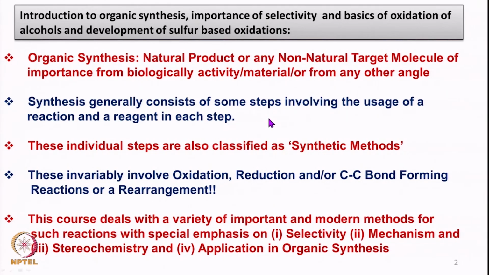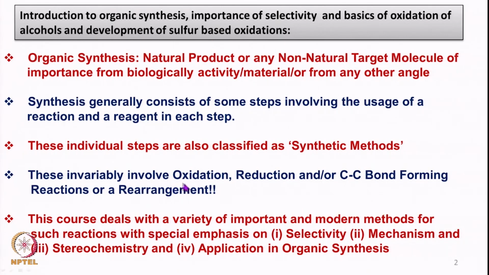Generally, synthesis consists of some steps that involve the usage of different types of reactions and reagents and sometimes, of course, rearrangements. These individual steps are also classified as synthetic methods. These synthetic methods involve, as I said, many steps.